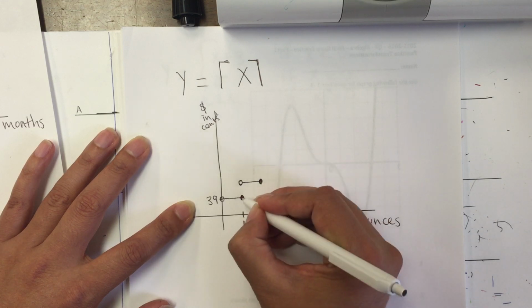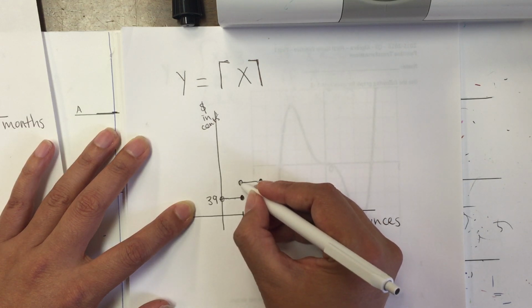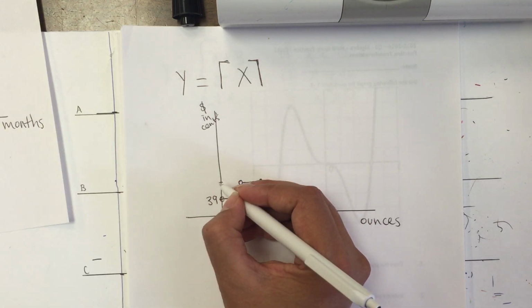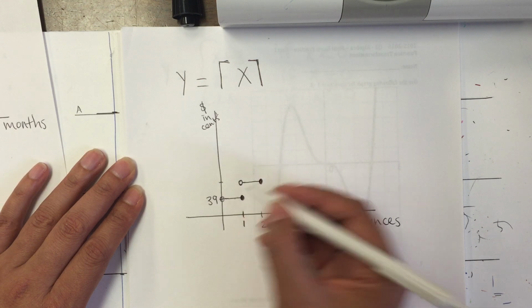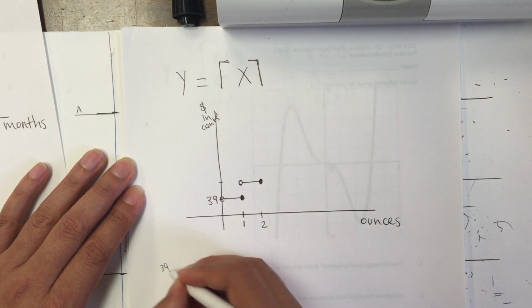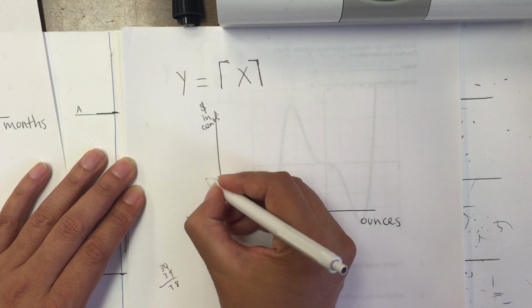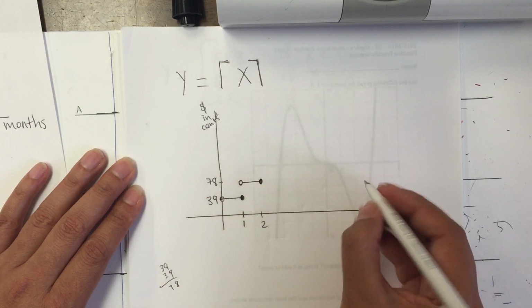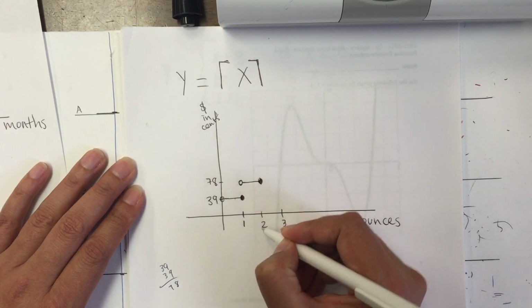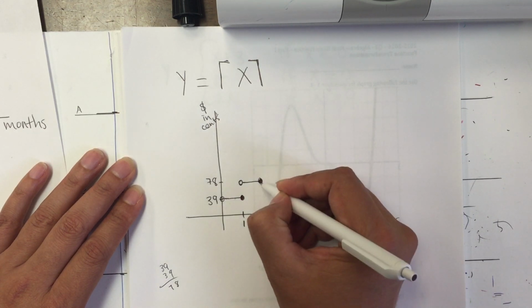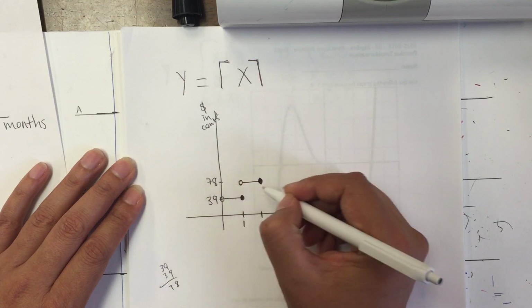So it doesn't matter; the 1 ounce is still 39. That's why it's open for the 2. What would it be for 2? 39 plus 39 is 78 cents. And then for the next one, if it's 2 ounces, you still have to pay only 2 stamps.